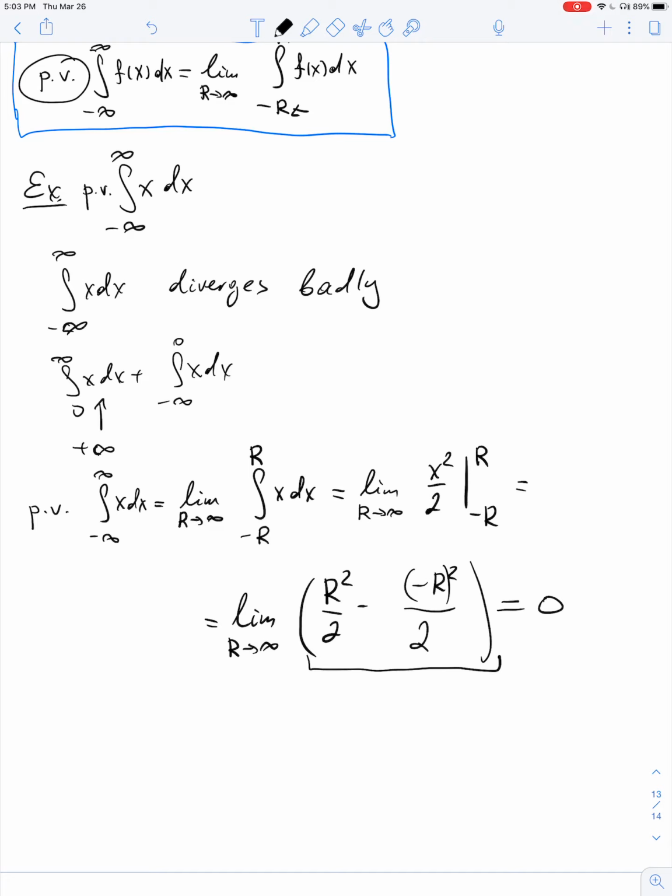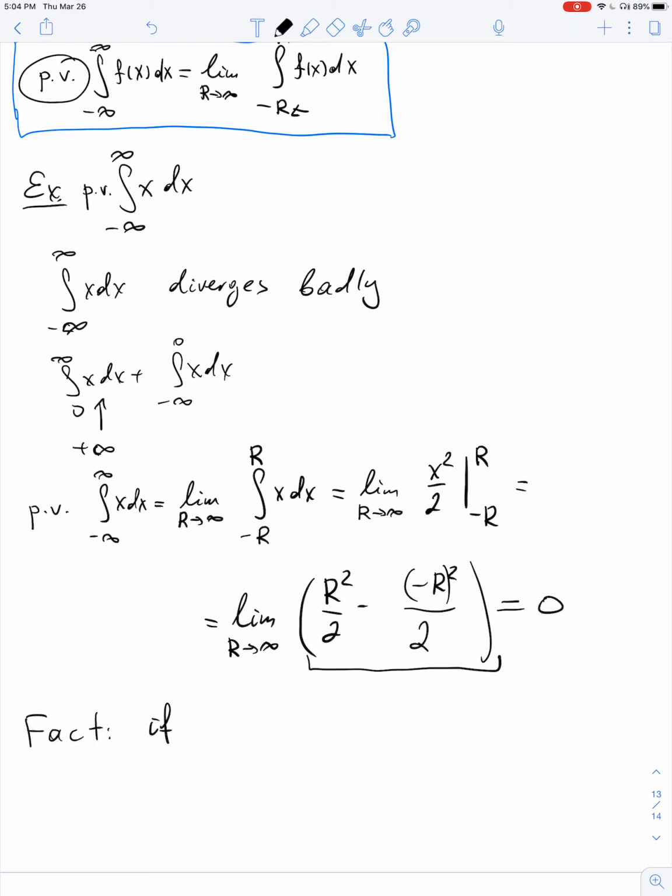So despite the fact that the integral diverges, it turns out that the principal value is really well defined and there's no problem. So principal value makes more integrals convergent. On the other hand, I'll state a fact, it's not hard to prove.